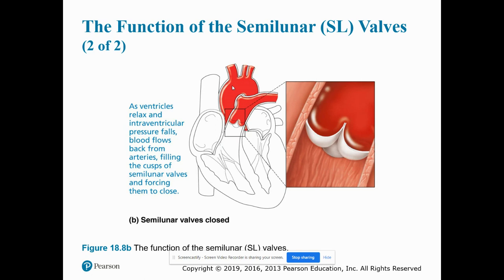As the ventricles relax, the intraventricular pressure falls. When that happens, the blood will actually flow back, and it's going to cause the cusps of the semilunar valves to close.